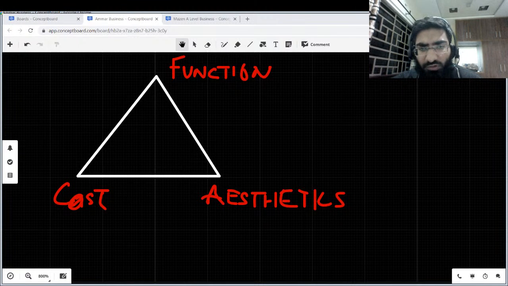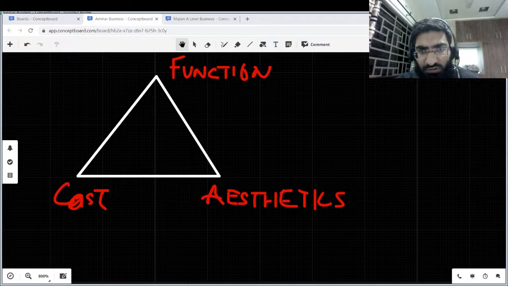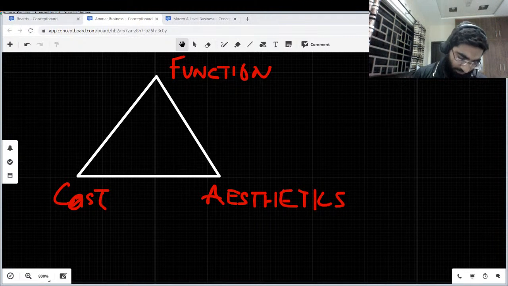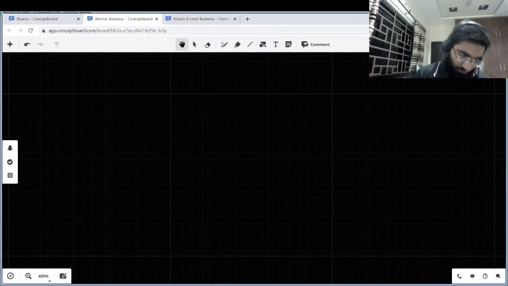Okay, the last thing in this chapter. Is it the last thing? Maybe. Okay, so design mix and social trends.